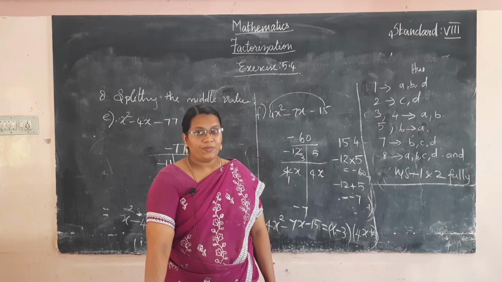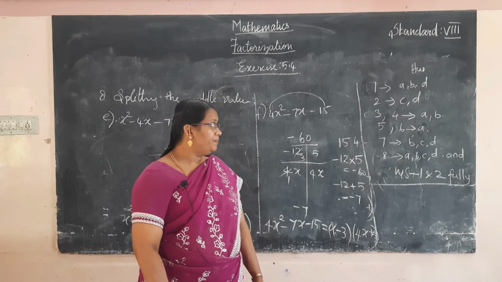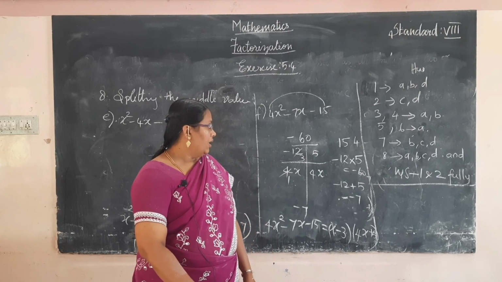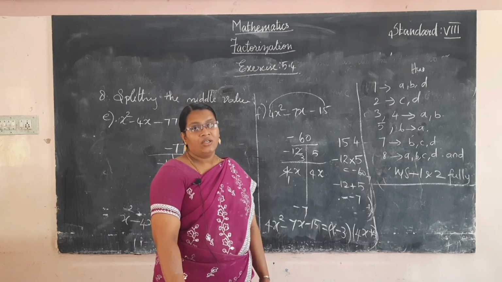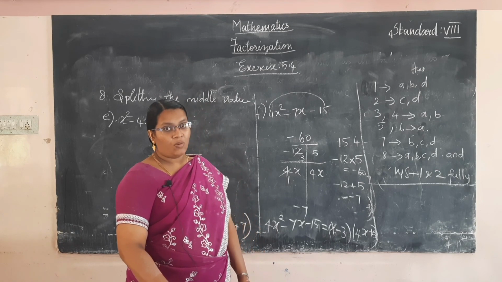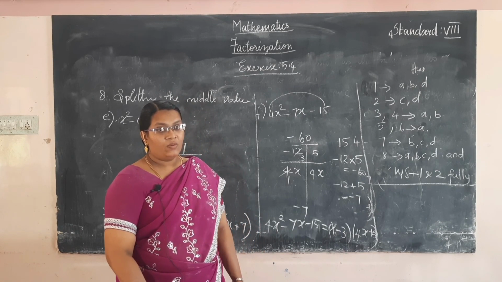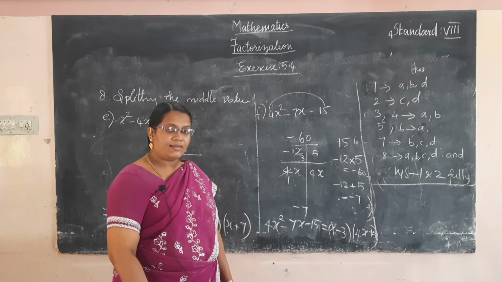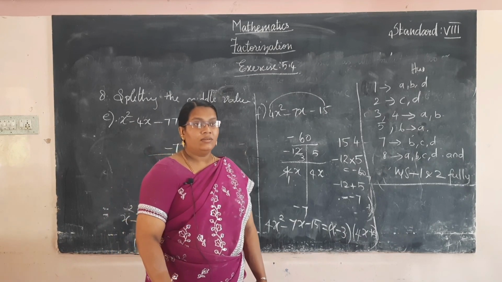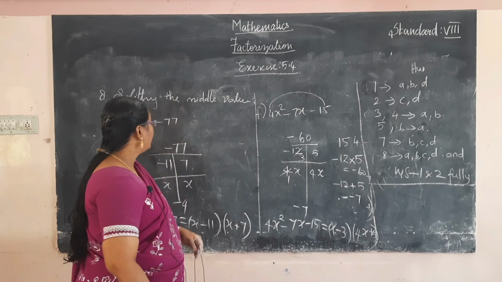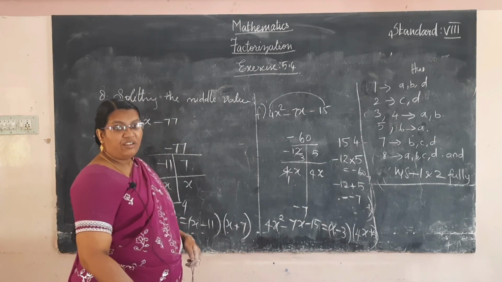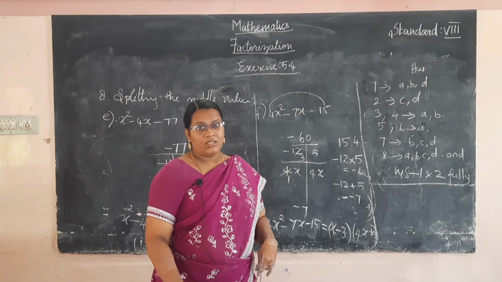And then finally we have learned factorization. It has 3 types. One is the common factor method, the second one is using the identities, and the third one is splitting the middle term.